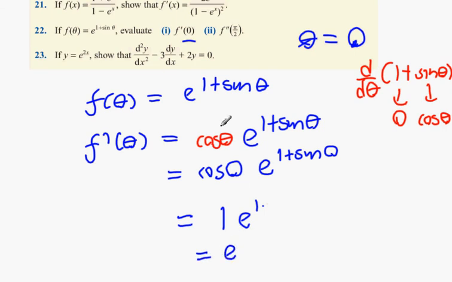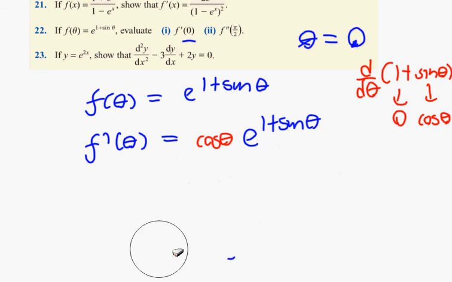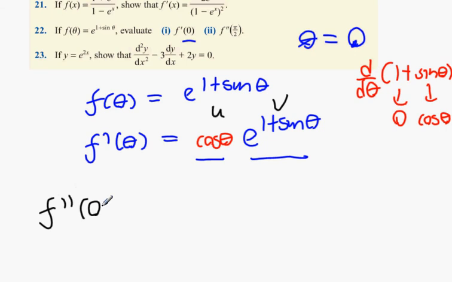Okay? The second one asks me to differentiate twice. I'm just going to rub out the last part there. Now, Simon, you can see that there are two completely separate sections now: cos theta and e to the 1 plus sine theta. That's u and v. For the second derivative, the u d theta will be minus sine theta.